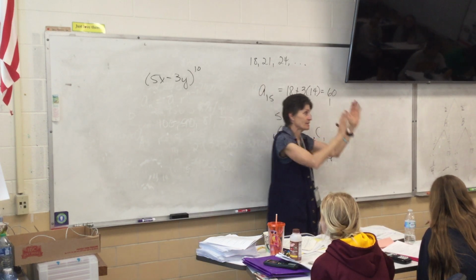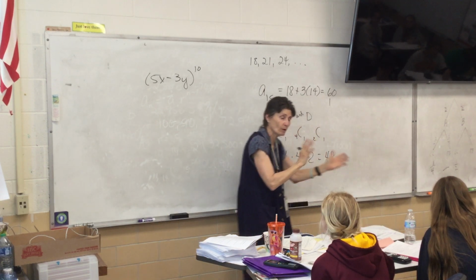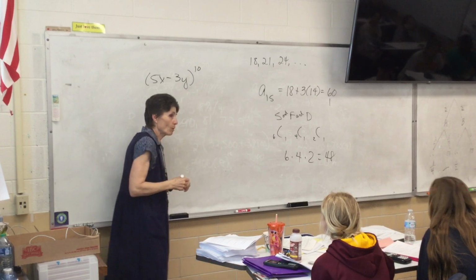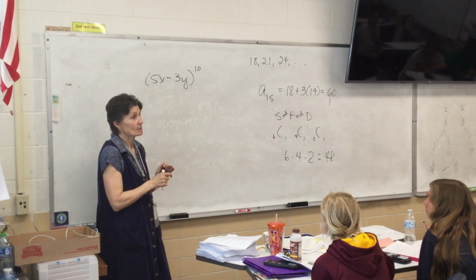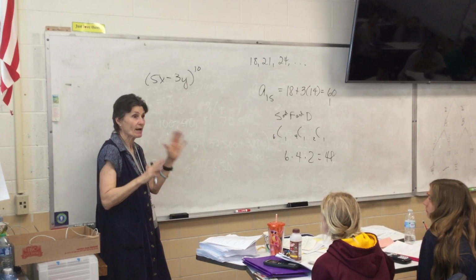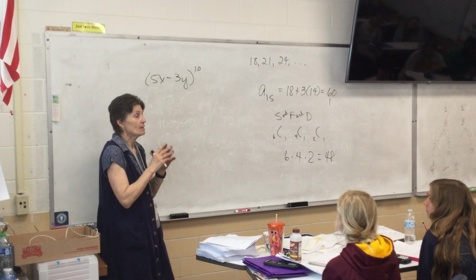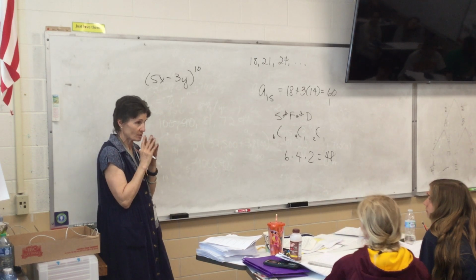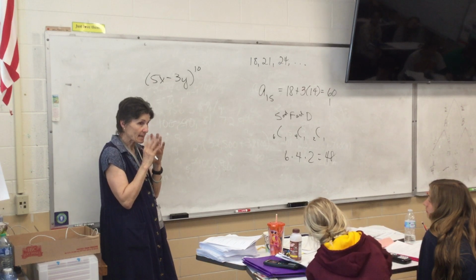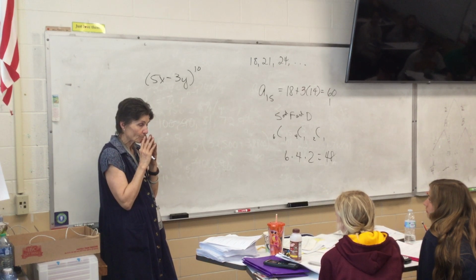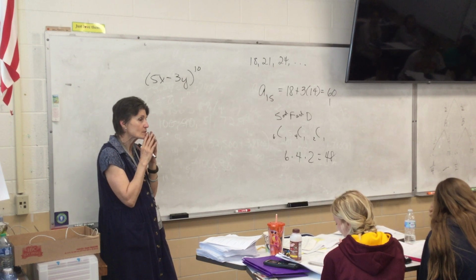Here we go, right? It would take forever, but we could do it. Foil, foil, foil. Or we can use that idea of Pascal's triangle and all that stuff we did with combinations to do this problem. Does anybody remember how that works?